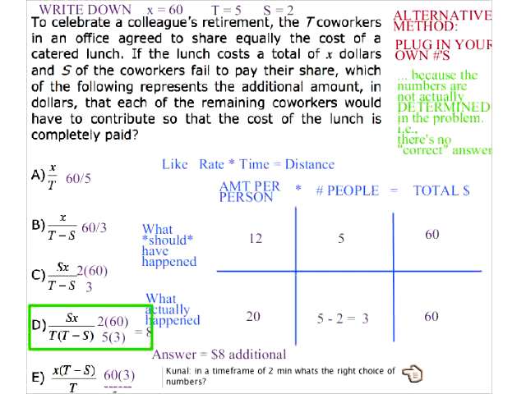Does anybody have any idea how I'm going to answer that? It's not the wrong type of question.